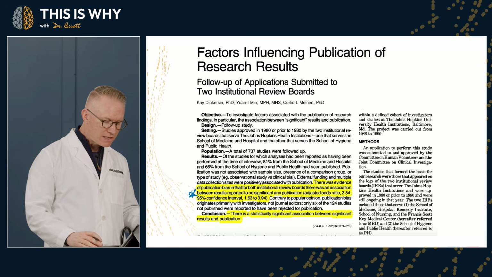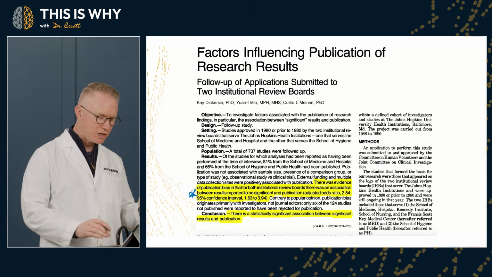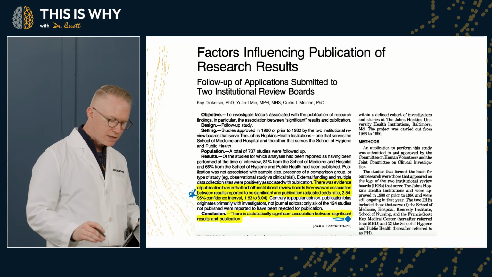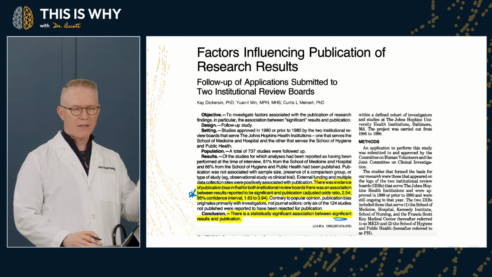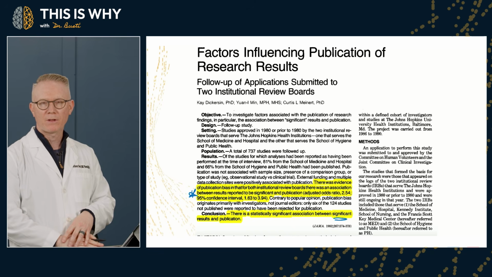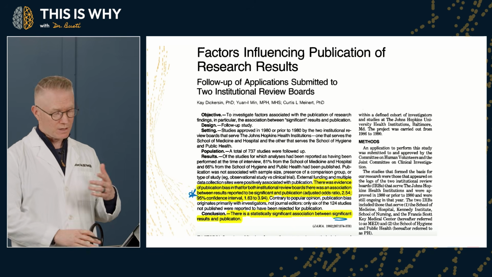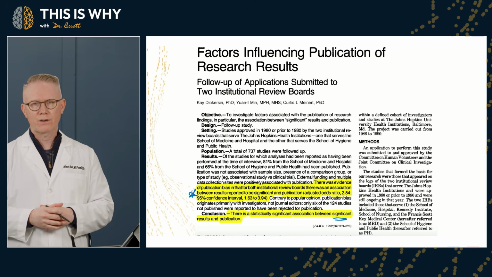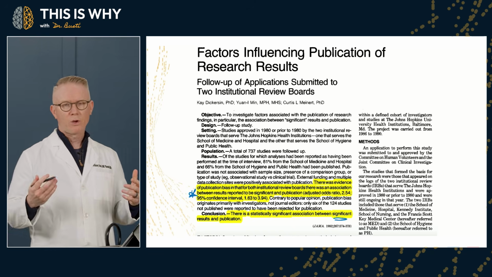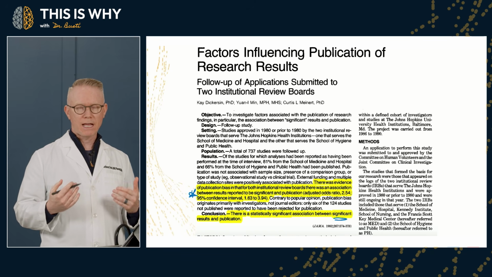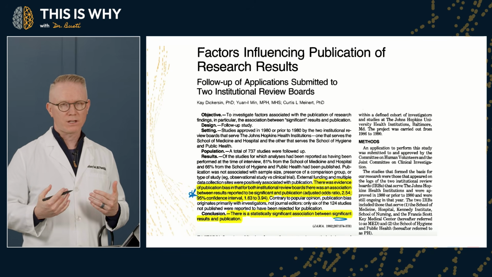So there was a statistically significant association between the level of significance in the results and the ability to get it published. And that's even a little bit of a knock on the journals and the editors, in my opinion, because we should embrace negative studies if the study was done right.